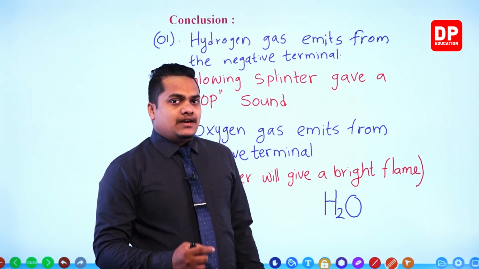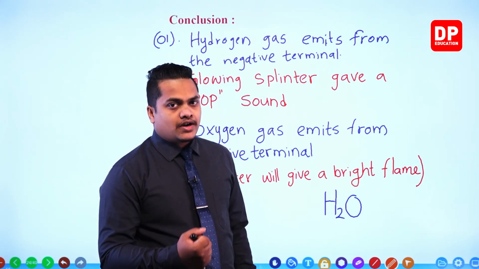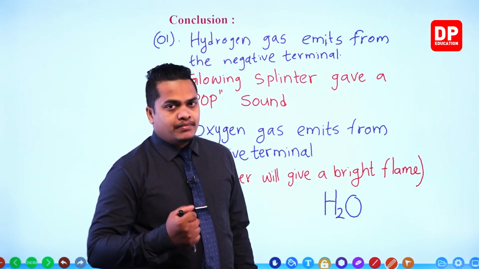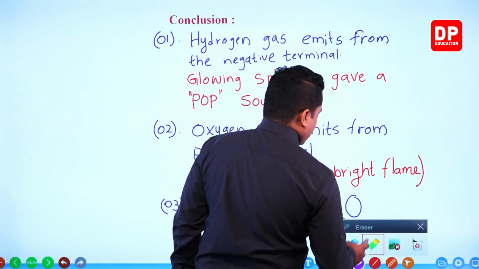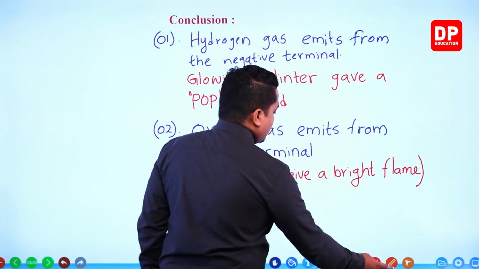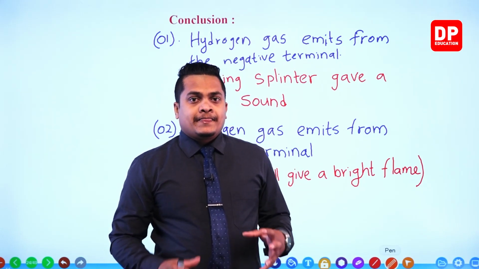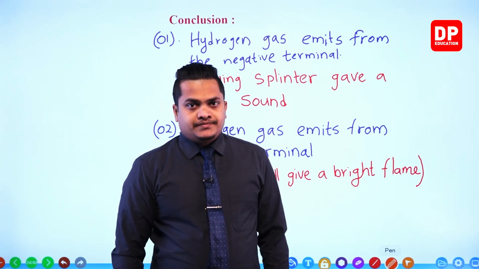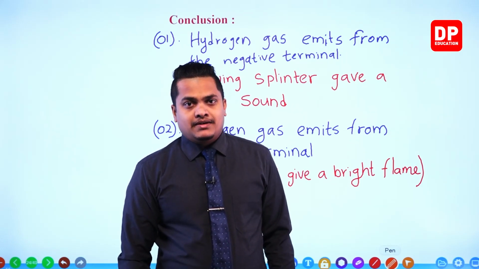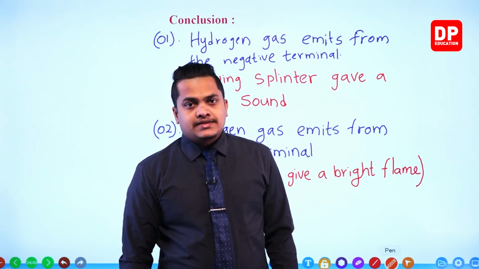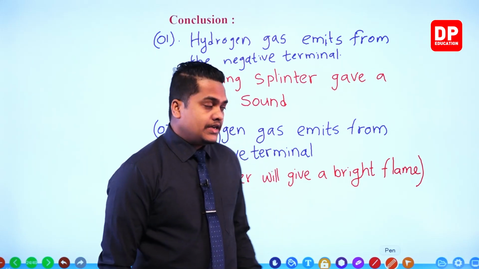That means a complex molecule has broken down into simpler structures or simpler components. So we can say that during the electrolysis, acidulated water has been converted to simpler compounds, right? Acidulated water converts to simpler compounds during electrolysis. That is our third and the final conclusion, right?